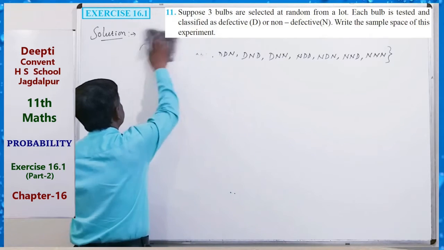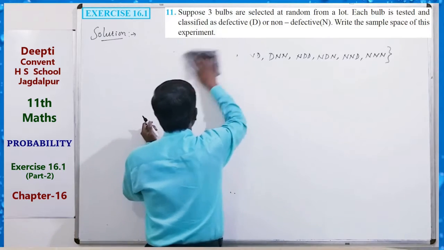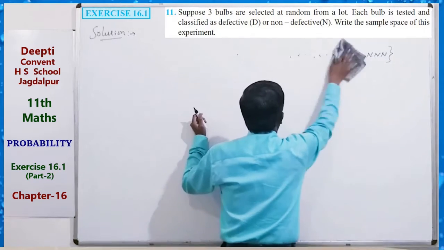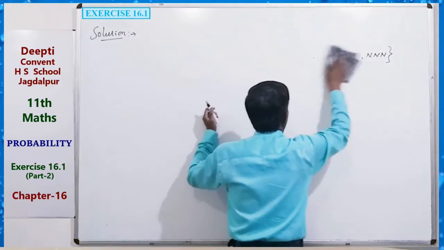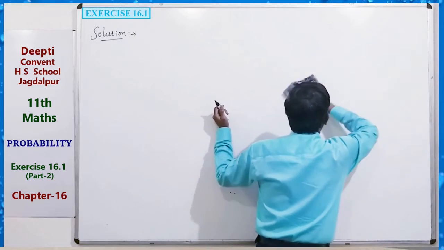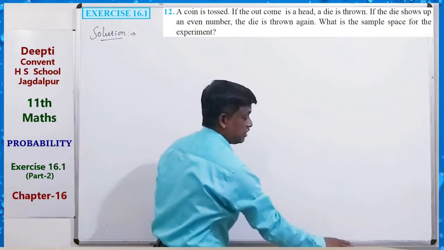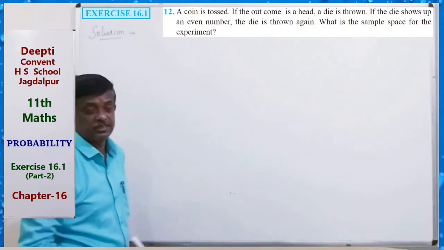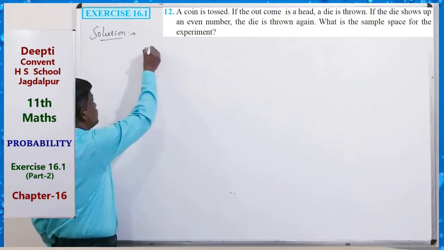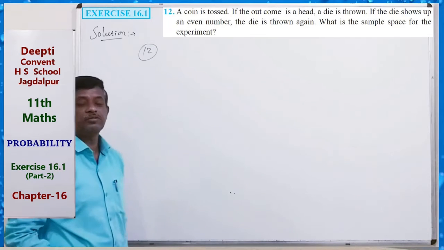We know tossing a coin has 2 possibilities, head and tail, and throwing a die has 6 possibilities, getting 1, 2, 3, 4, 5 or 6. So here 12. How can we write?